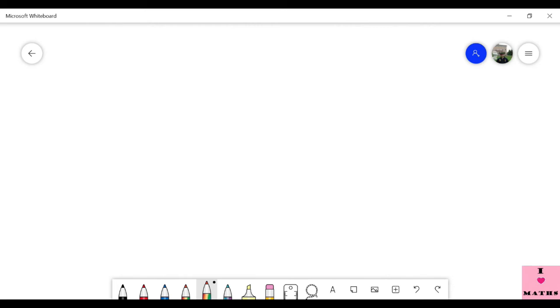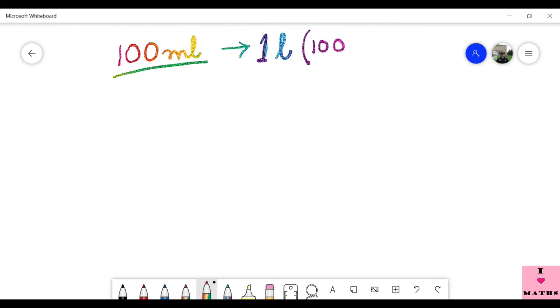If we have a bottle whose capacity is 100 milliliter and we want to use this bottle to fill up 1 liter bottle. Now 1 liter bottle is 1000 milliliter. So this time we will divide 1000 by 100.